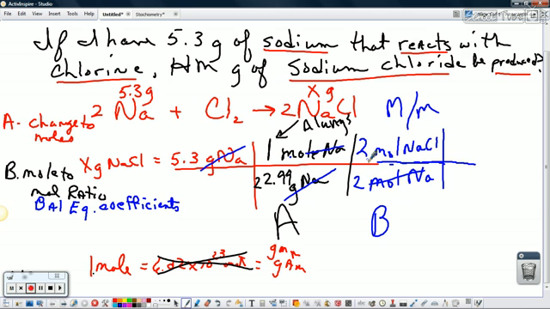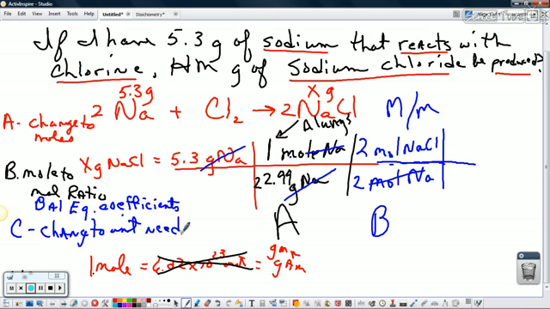And the last step, the C step, is to change it to the unit I need. All right, in this case, I need what unit? Grams. Grams is the unit. Na is not a unit. NaCl. Grams is the unit. So I need grams.